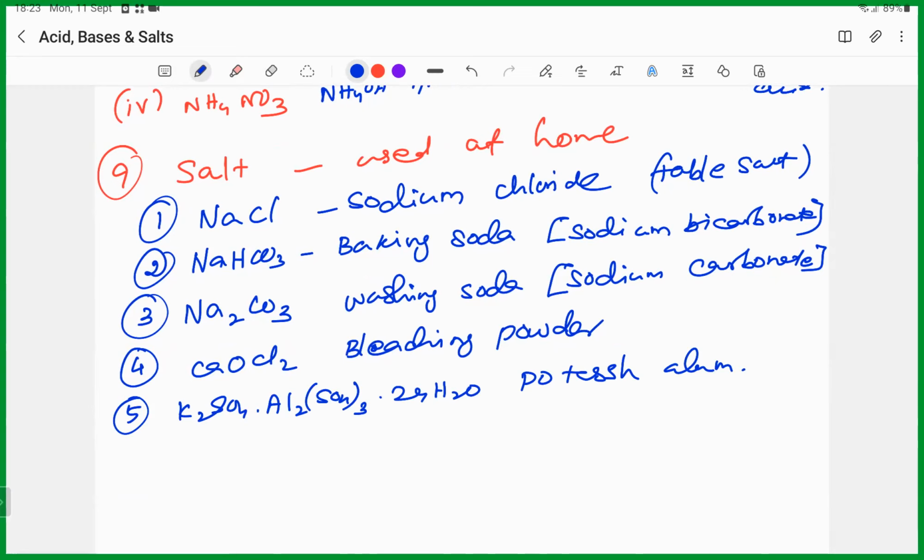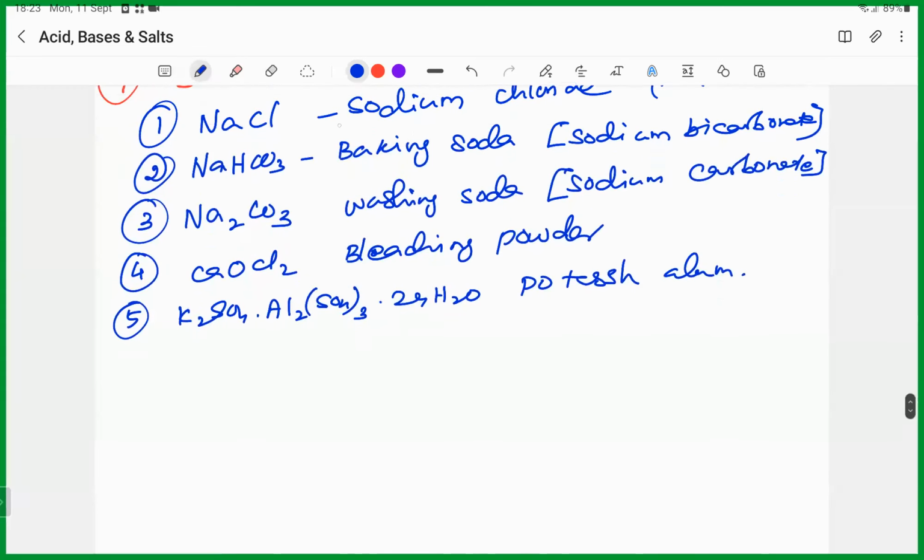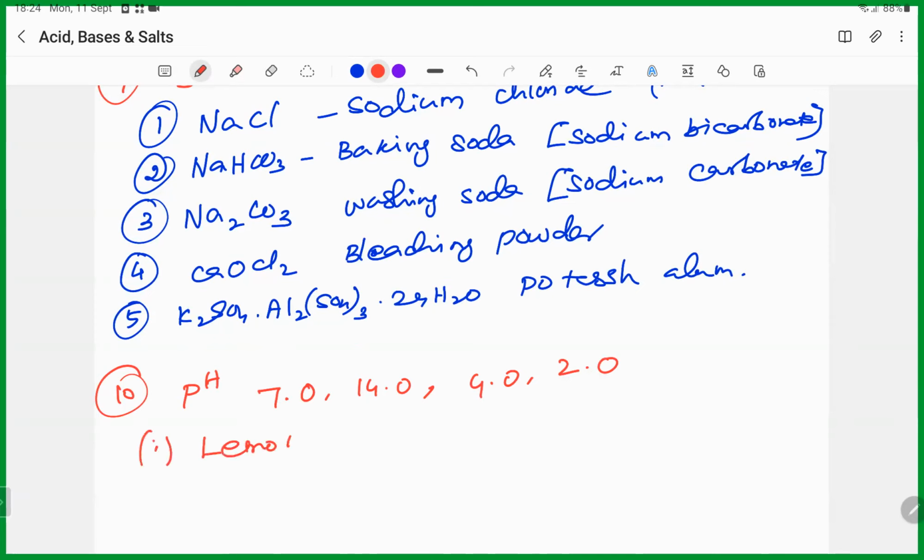சரி, அட்லீஸ்ட் இதுக்காக ஆன்சர் பண்ணுங்க. A solution, the pH value for the 4 solution will be 7.0, 14.0, 4.0 and 2.0. Which could be the solution? Number 1, lemon juice.